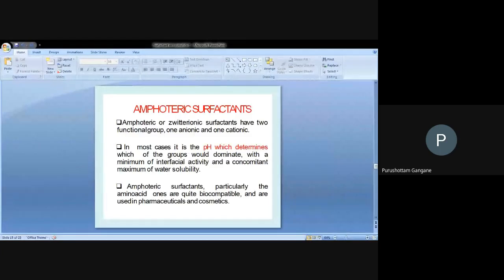So in most cases, it is the pH which determines which group would dominate, whether the anionic group or the cationic group. Okay. So amphoteric surfactants, particularly the amino acid ones, are quite biocompatible and are used in pharmaceuticals and cosmetics.